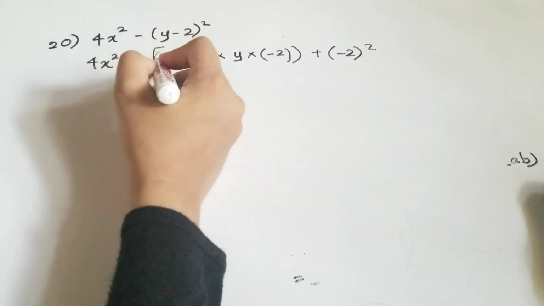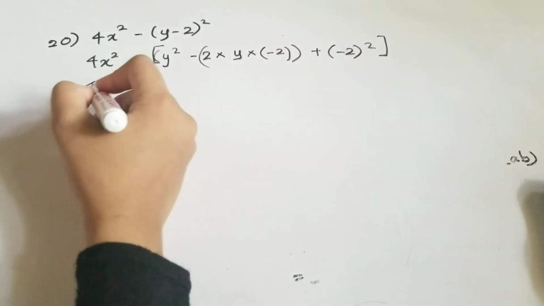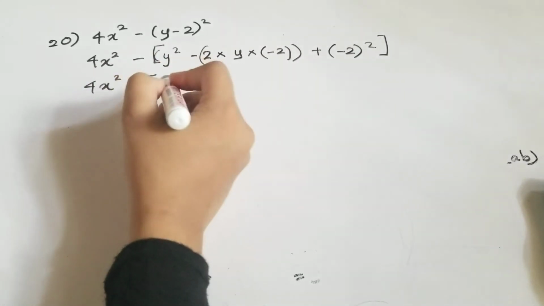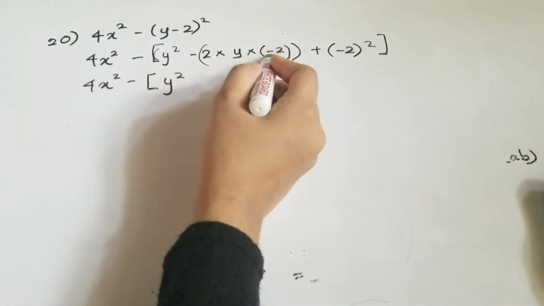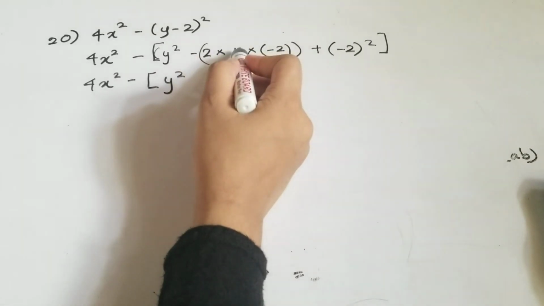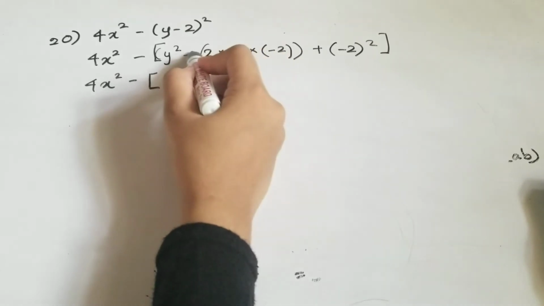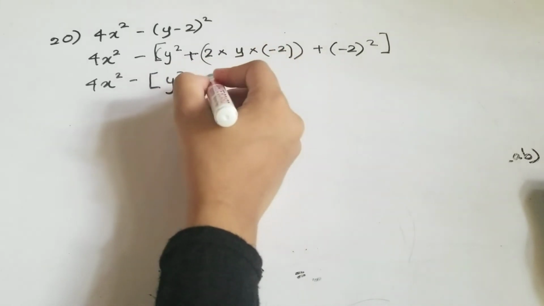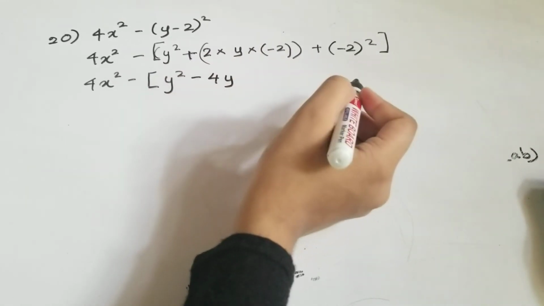So we'll solve this one first of all. 4x squared minus y squared, 2 into 2 negative 4y. So it becomes plus here, negative 4y.